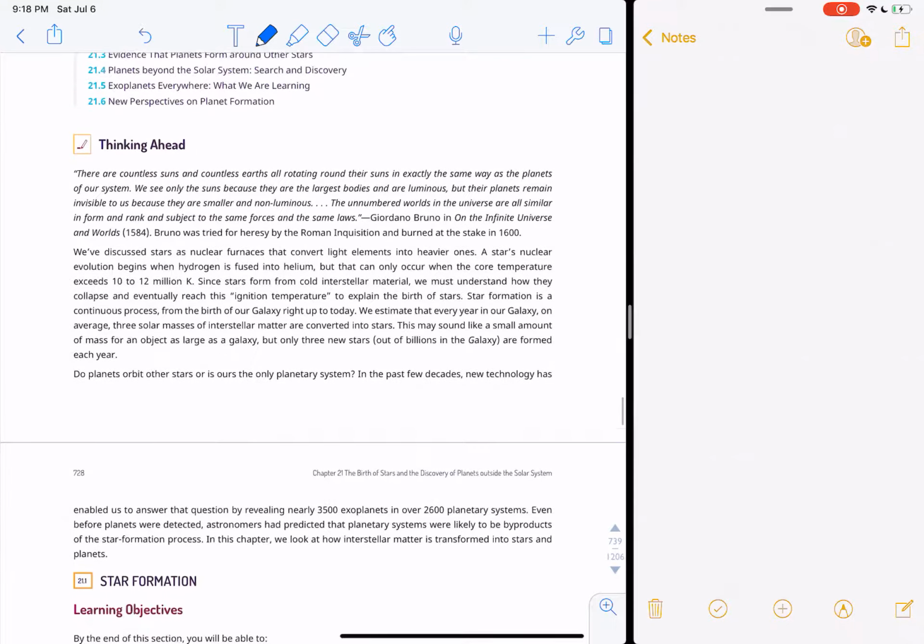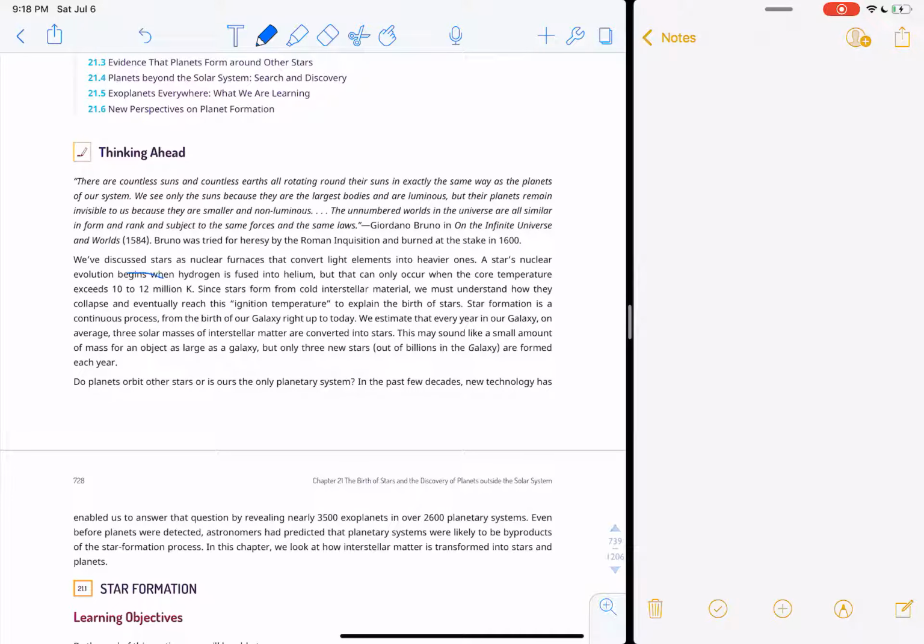All right, so 10 to 12 million Kelvin. That is the temperature that you need to achieve before stellar fusion can take place, where hydrogen begins to be fused into helium. So every star on the main sequence of the HR diagram, every star that's on the main sequence at the time, which means its brightness and temperature correspond to these points on this line, that's called a main sequence star.